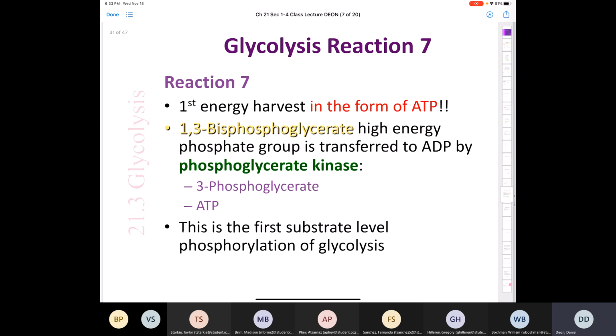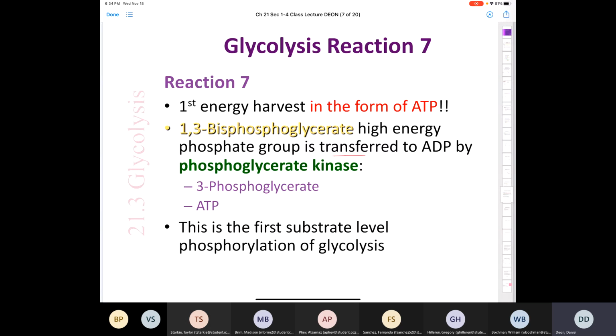Here we go. Reaction 7 is a reaction where we also harvest energy, but it's the first energy harvest in the form of adenosine triphosphate. Here's what happens. We take that 1,3-bisphosphoglycerate with that high energy phosphate group, and it's going to transfer that phosphate group to ADP to make ATP using this enzyme phosphoglycerate kinase.